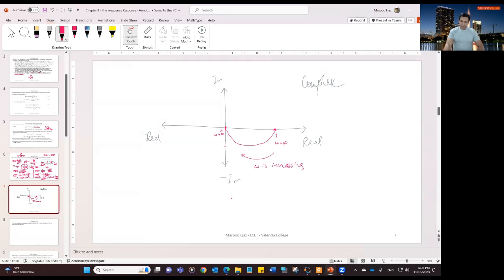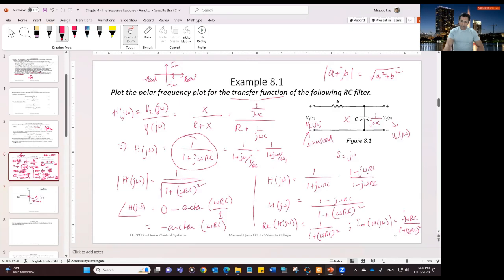Check any other value. Let's say omega is, we were taking omega 1, which is 1 over RC. If omega is 1 over RC, what will be the magnitude?